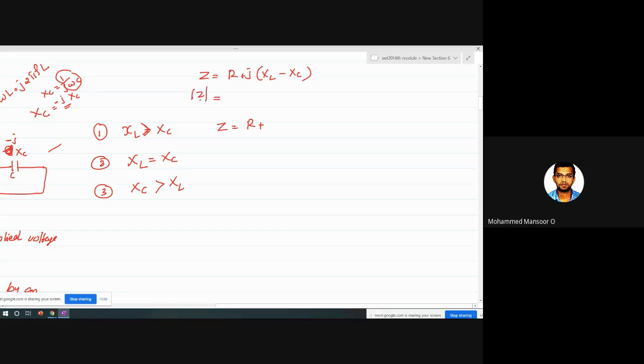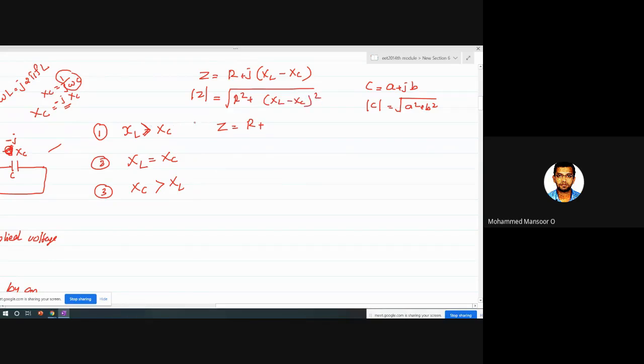Suppose you have a complex number A plus jB, say this is C. What is the magnitude of C? Root of A square plus B square. In a similar way, we can find the magnitude of impedance: root of R square plus XL minus XC whole square.